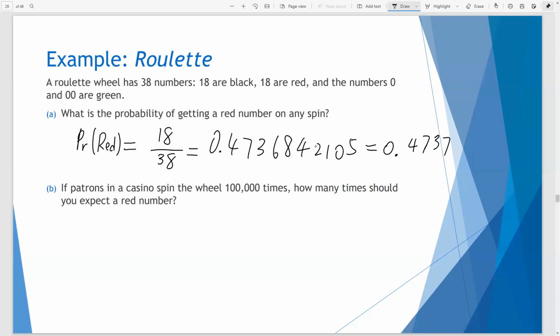Second question: if a patron in a casino spins the wheel 100,000 times, how many times do you expect to get a red number? As we roll it over and over, the proportion will approach the probability of red.